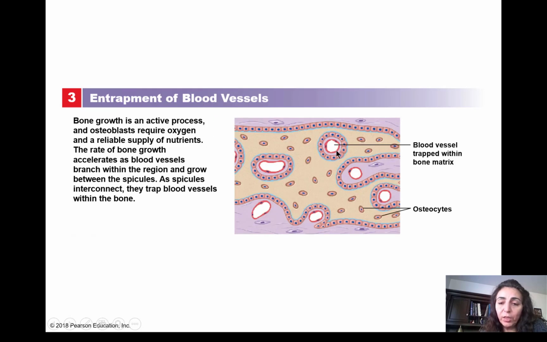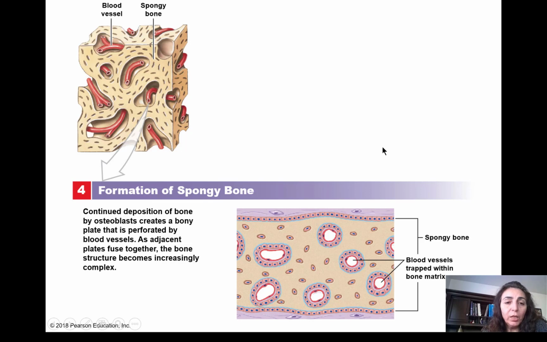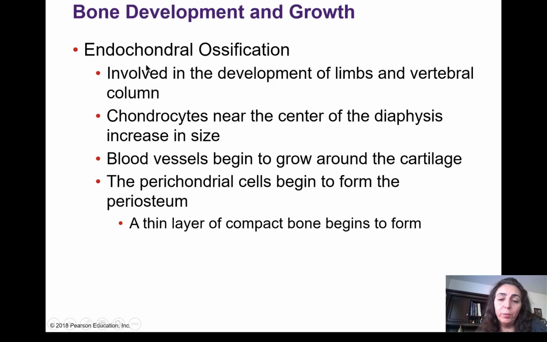This is the way that those mature cells finally become osteocytes, and at the very end all that spongy bone has been formed, with all those blood vessels trapped inside of it, right? Just know this much, you don't need more detail about that.